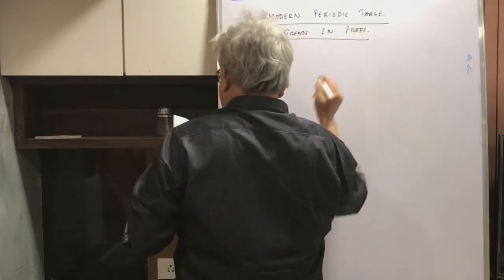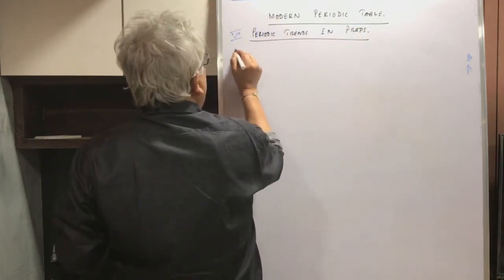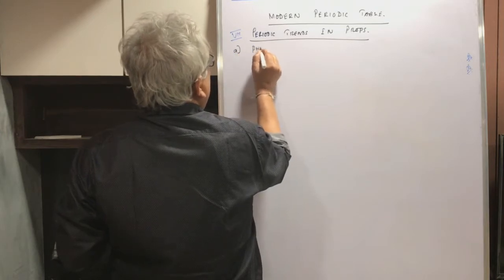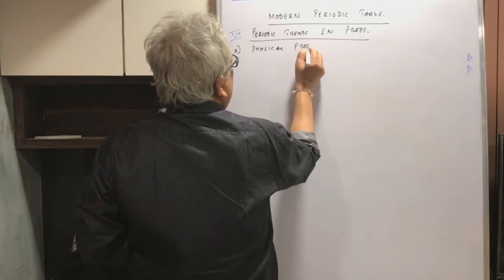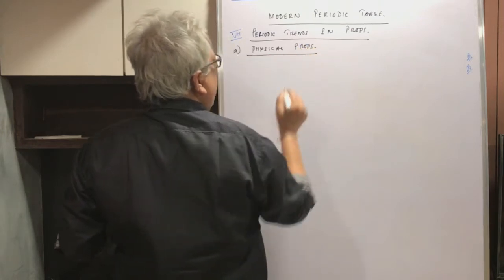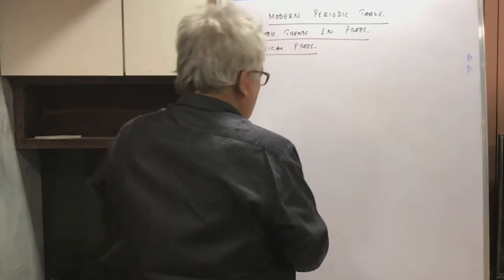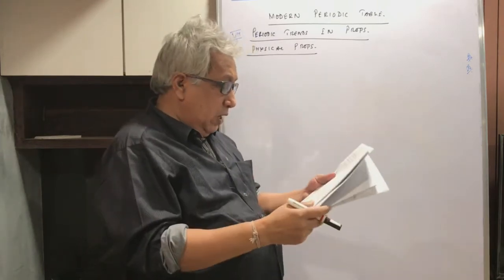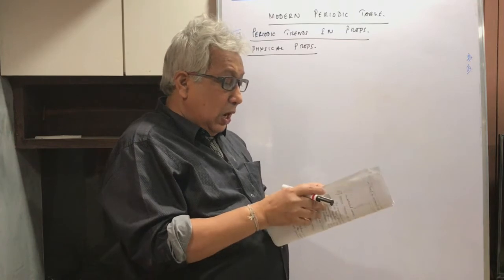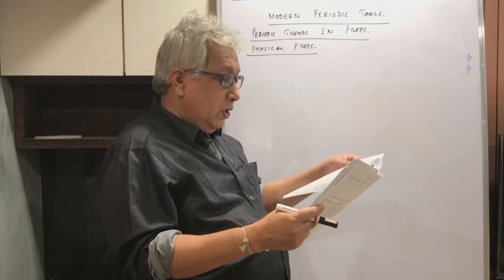In that we have been talking about point A, physical properties. And in the physical properties, what you have done, number 1, atomic radii, correct. Number 2, we have done the trend in ionic radii.